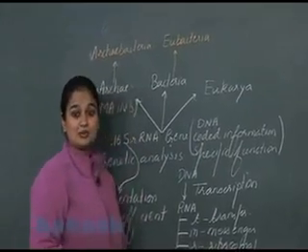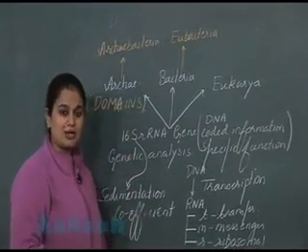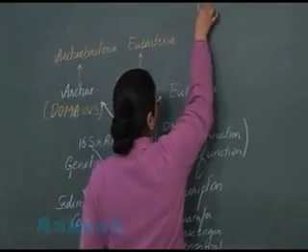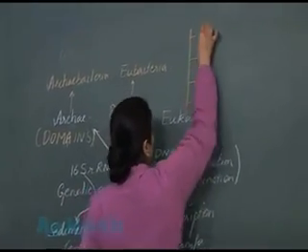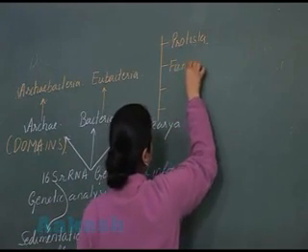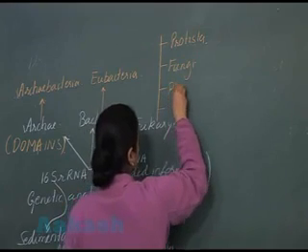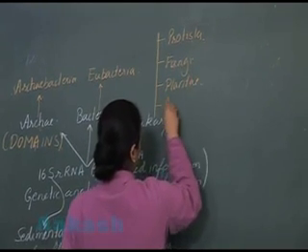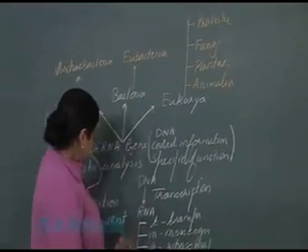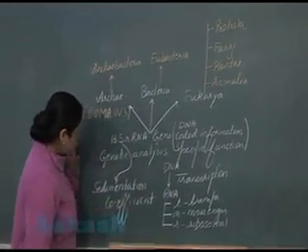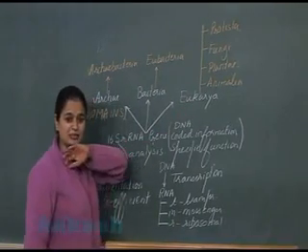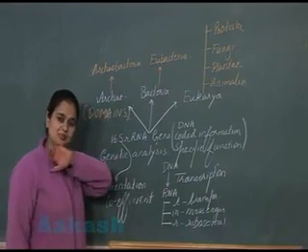The last one, eukarya, has all the kingdoms which are eukaryotic, that is Protista, fungi, plantae, and animalia. So Carl Woese gave, on the basis of genetic analysis, 3 domains and 6 kingdoms.